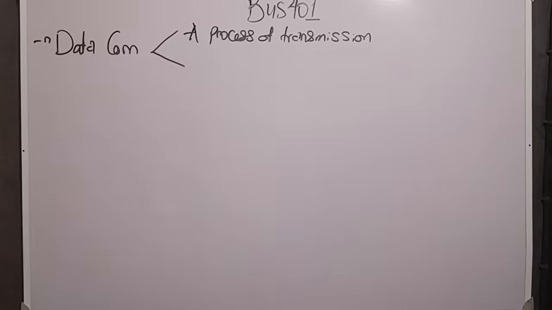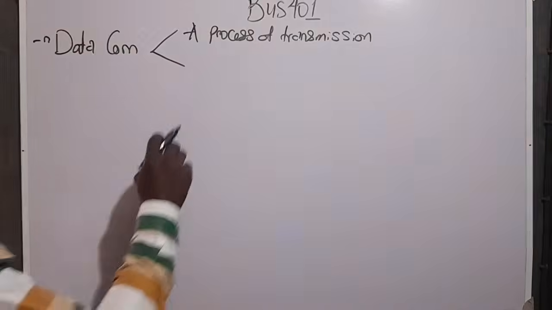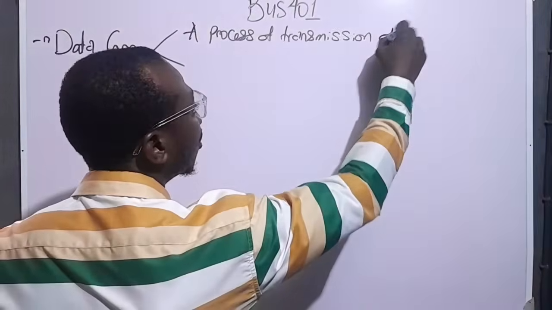Now, what exactly are we transmitting in this process? One thing you must note here is that what we are transmitting in this process is data. A process of transmission of data.